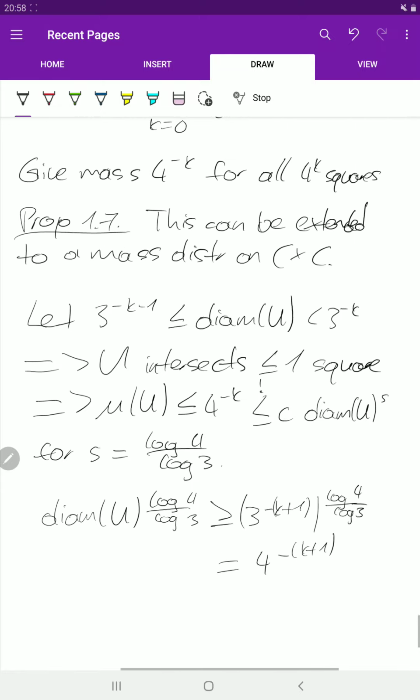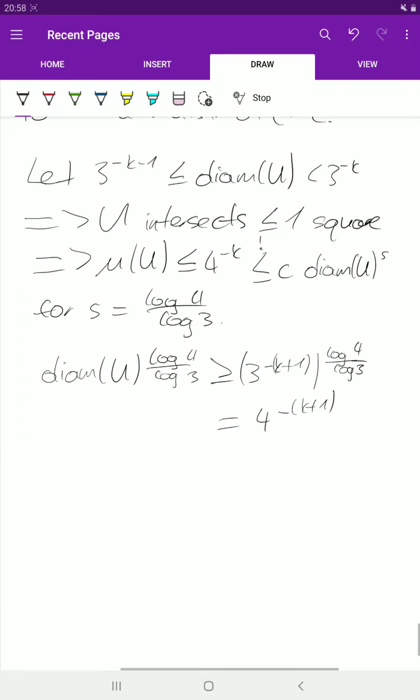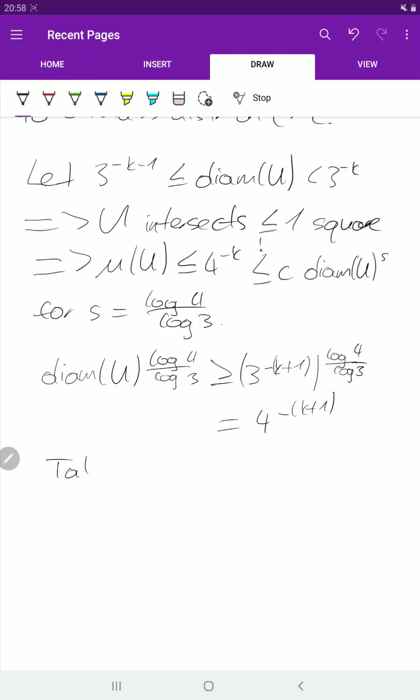Okay, and now we take c to be 4, and then we get that the measure of U is at most 4 to the minus k.